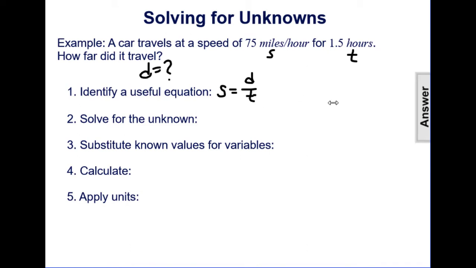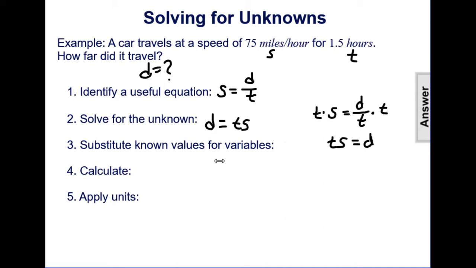So in order to get distance by itself, we can do some side work. We can multiply both sides by t to undo dividing by t. This would give TS equals D, or distance equals TS if we flip the sides.